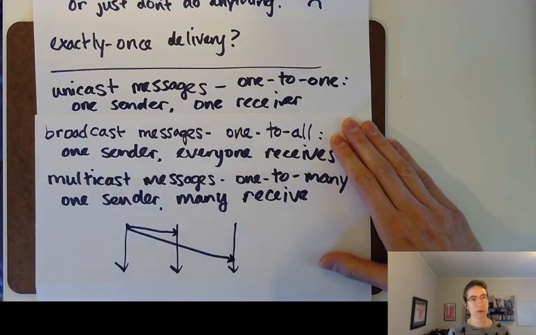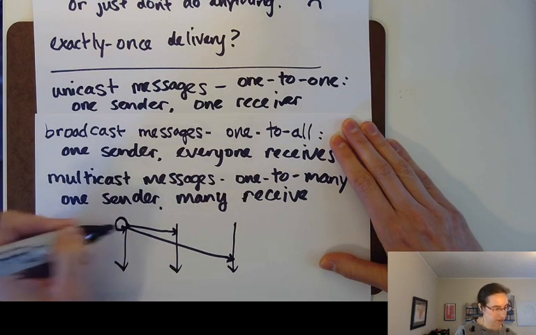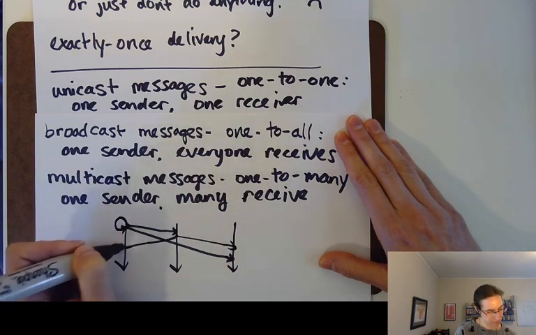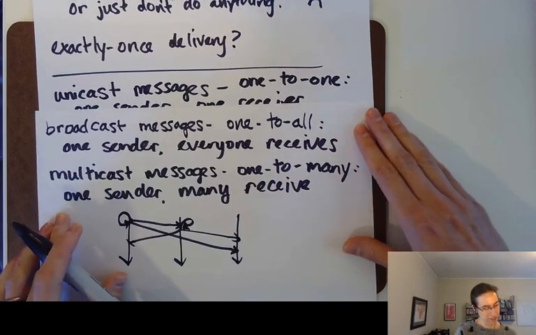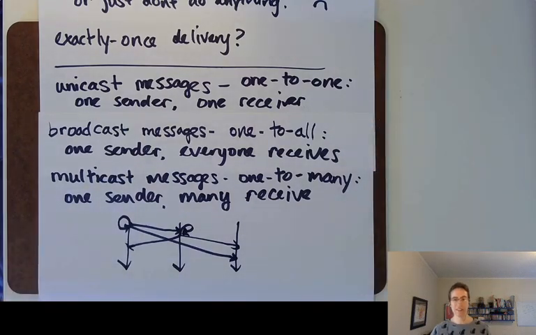In principle, if you wanted to say everyone received, then you would have to have a little self arrow here as well. But we usually leave that out because it's not necessarily helpful to be that pedantic.